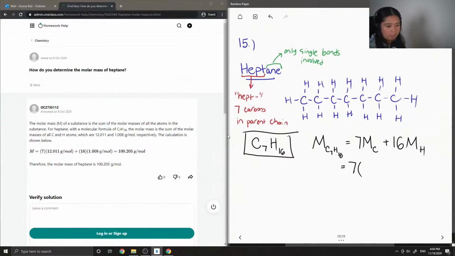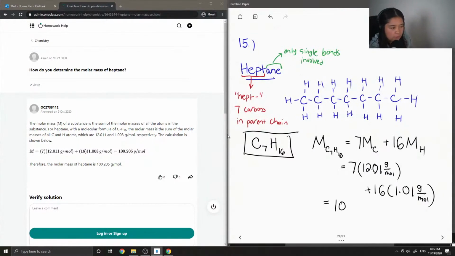For carbon, it is just 12.01 grams per mole. And for hydrogen, it is 1.01 grams per mole. Okay, so adding these values up, we get a total of 100.21 grams per mole.